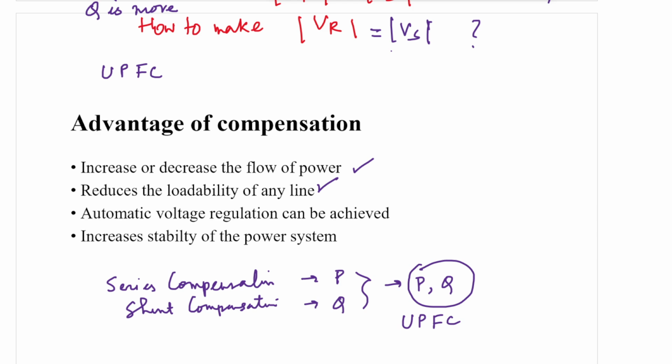It has already been explained in the first slide how, by inclusion of one single capacitor, 80 megawatt or 100 megawatt can be reduced to 70 megawatt. Automatic voltage regulation can be achieved by using SCRs and IGBTs, that is the power electronic switches. And lastly, it increases the stability of the system, of course.